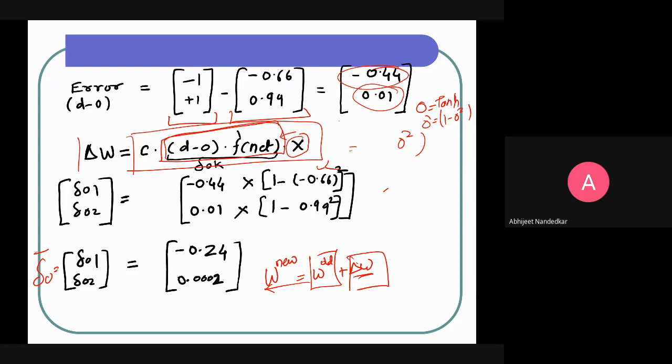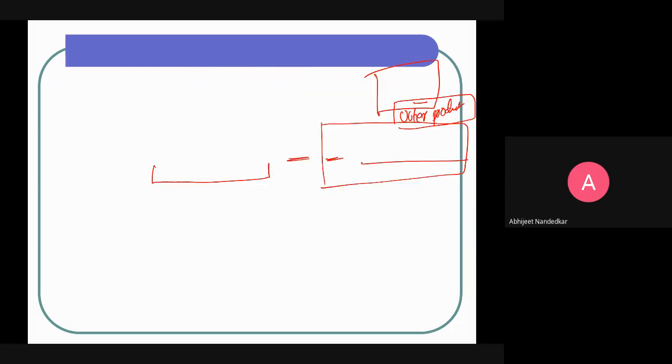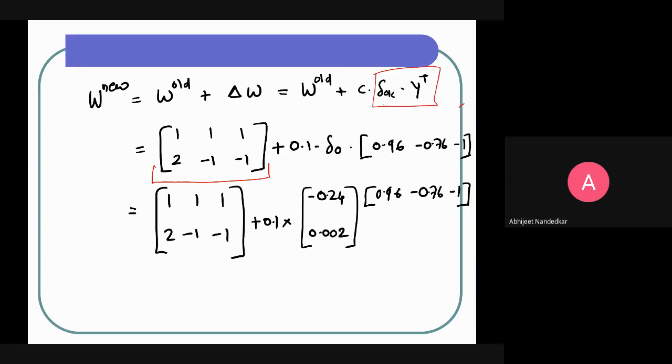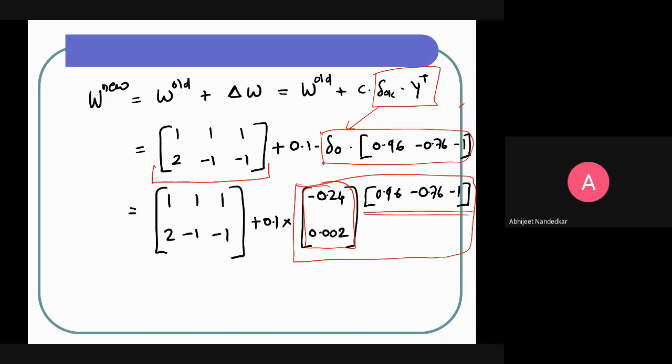Now a shortcut is that you can use the commands in the packages, which will directly give you the required product of all deltas with all the inputs immediately. So this is your delta O vector multiplied by input.